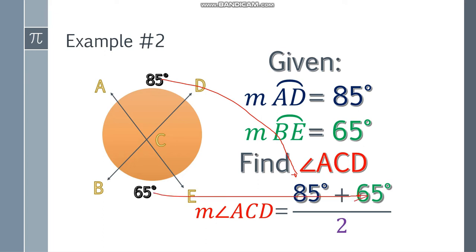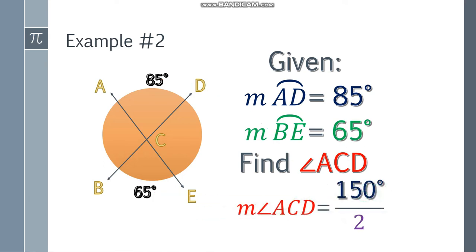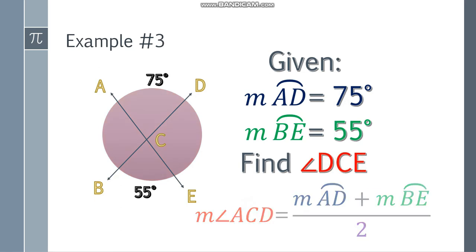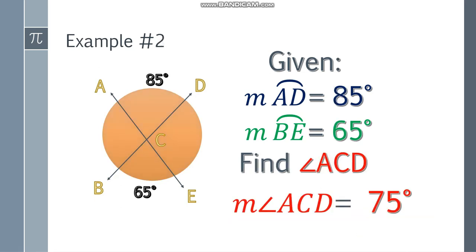So we just have to add those two, that will be 150. And divided by 2, that will be 75. So the measure of angle ACD is 75 degrees. And also, this one is also 75 degrees by the vertical angle theorem.